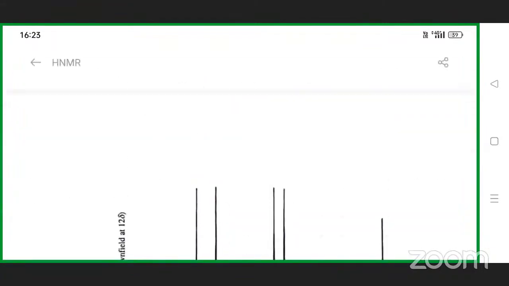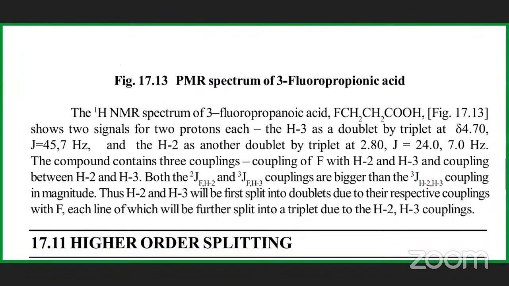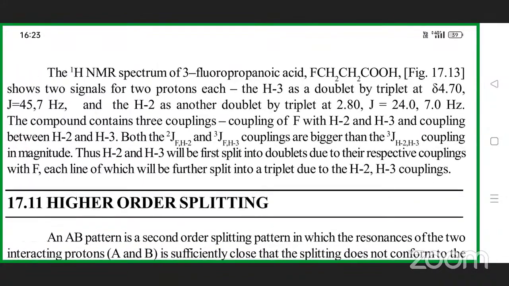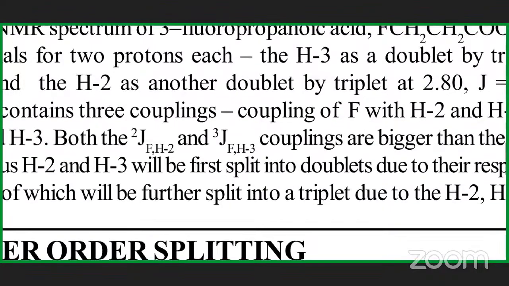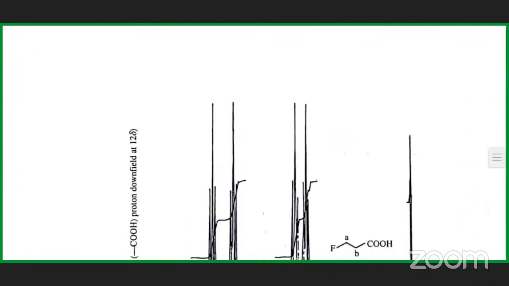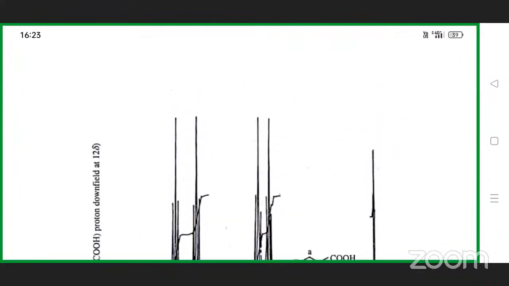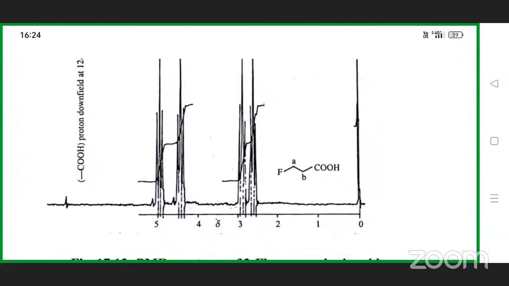And you can see the coupling constant values, right? So you can differentiate by the coupling constant value. You can see this particular J, J2FH2. Here they are showing the heteronuclear coupling for this 3-fluoropropionic acid. Actually, the homonuclear coupling is possible in the H1 NMR spectra, and sometimes you can see the heteronuclear coupling also.